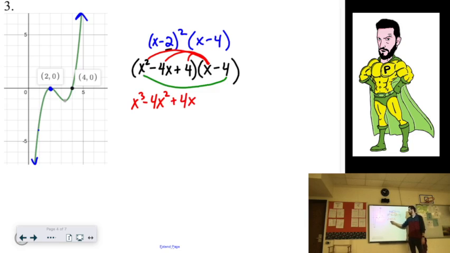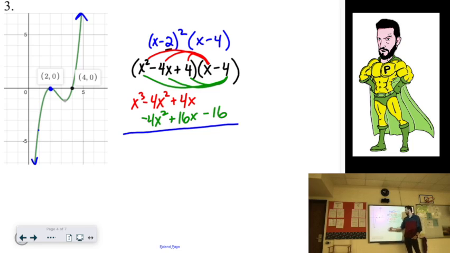That'll give us negative 4x squared, positive 16x, and minus 16. X cubed. Negative 4x minus 4x would be negative 8x. I meant squared. So negative 8x squared. 4x plus 16x is 20x. You got your minus 16.